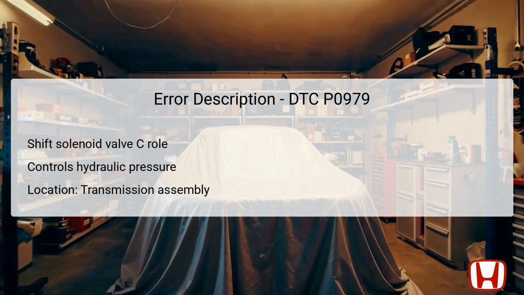When activated, it governs the flow of hydraulic pressure to the clutches, facilitating smooth gear shifts. A malfunction here can lead to performance degradation, causing a blinking automatic transmission AT gear position indicator and triggering the malfunction indicator lamp MIL to activate. It's essential to understand that this fault may also suggest underlying issues within the transmission hydraulic circuit.